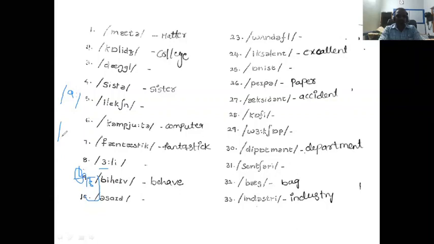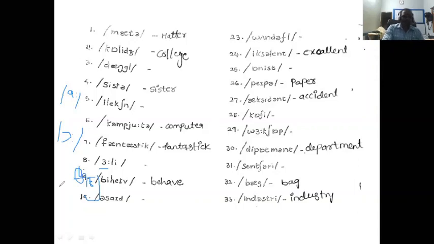And this is again a long sound only, but for this sound, your lips are rounded. Like how you say bought. When I say that, my lips are rounded, right?